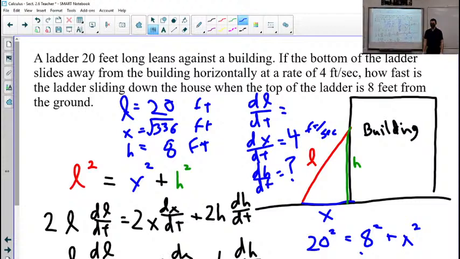What is dl dt? What does it represent? The rate of change of the ladder's length. It doesn't change. In other words, dl dt is 0. The ladder is always going to be 20 feet. It's not going to snap in half as it slides down the building or something. Okay?